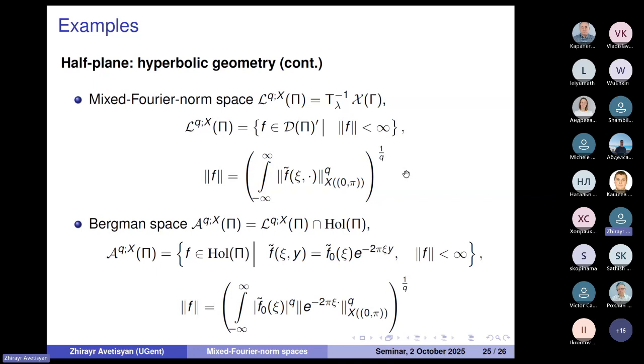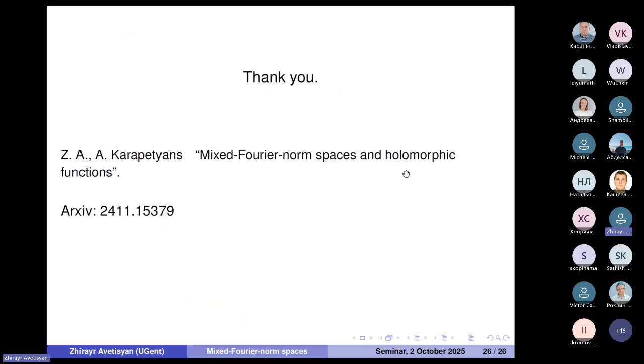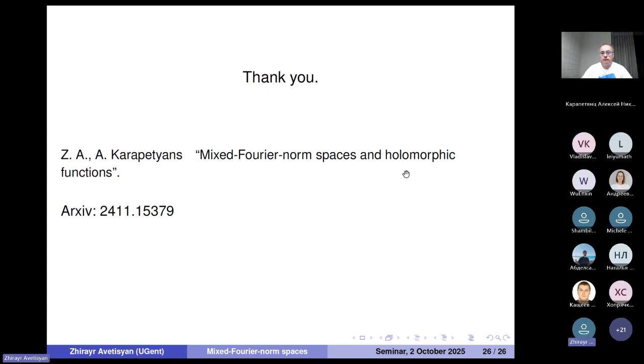Okay, so I guess this is all I was planning to share with you today. All of this can be found in this preprint. As I said, this is joint work with Alexey Karapetyants. Possible applications go into things like the symbols of Toeplitz operators and so on.